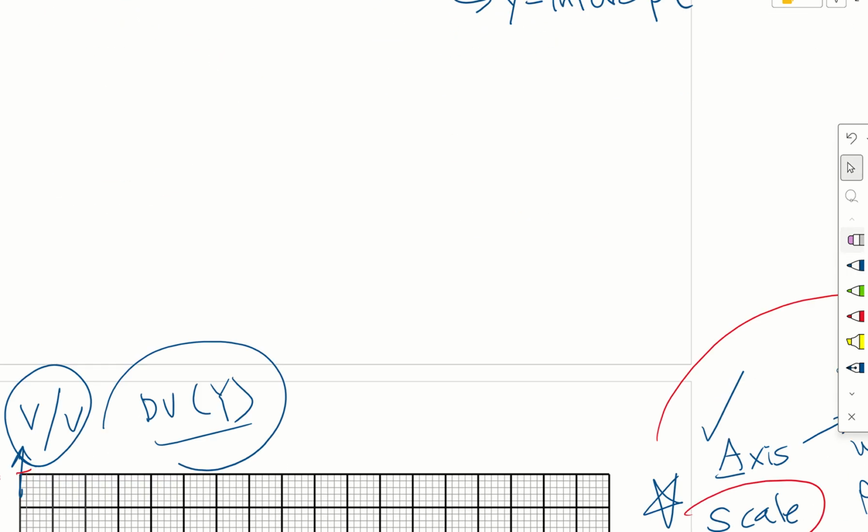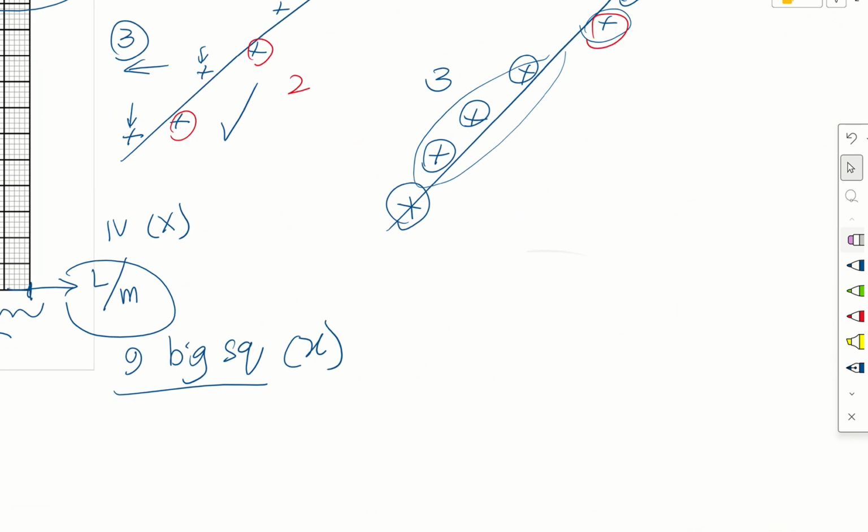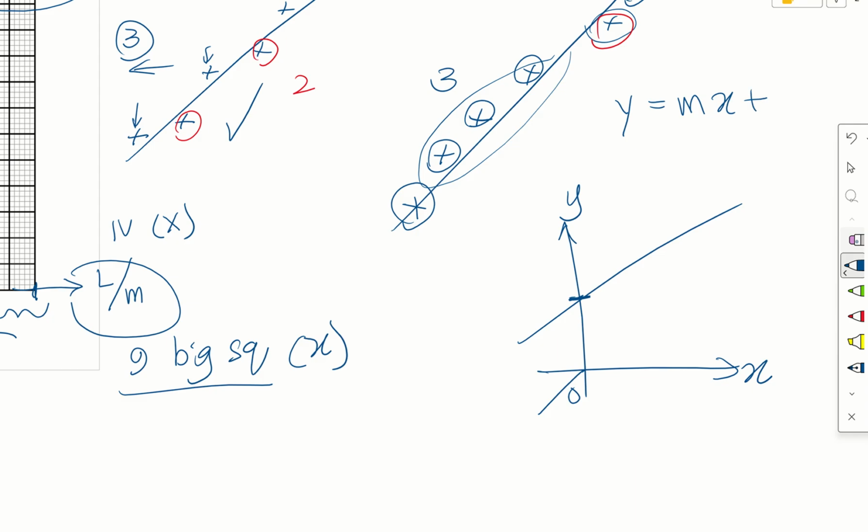So this depends on, I'm sure by now you have learned your graph. So is this the y-intercept? It may not be. It depends on if the x-axis starts from 0. If it starts from 0, then this is the y-intercept, because the linear graph equation is y equals mx plus c.